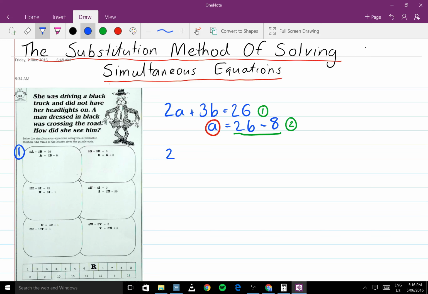2, and now I'm putting in brackets because all of this stuff equals a. 2b minus 8. All of that equals a, so all of that needs to be doubled, or times by 2. And then I just continue on. So after the a came plus 3b.